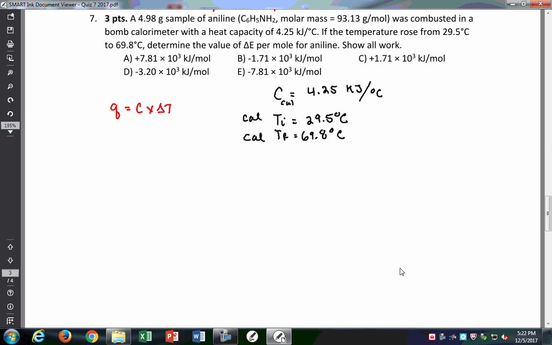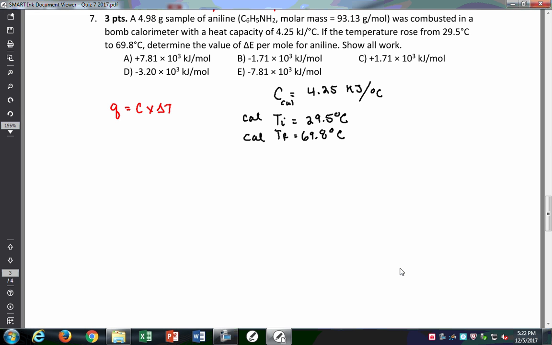So again, you're thinking about what's happening. The reason why we do the bomb calorimeter is, one, because it's controlled. We're controlling the surroundings. And two, we can't directly measure the change in heat in our reaction. But we can measure the change in heat of the calorimeter. That's really easy to do.